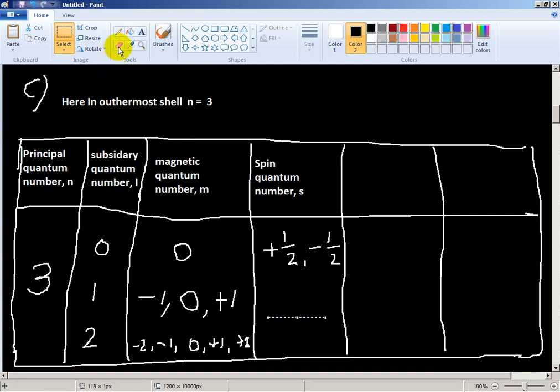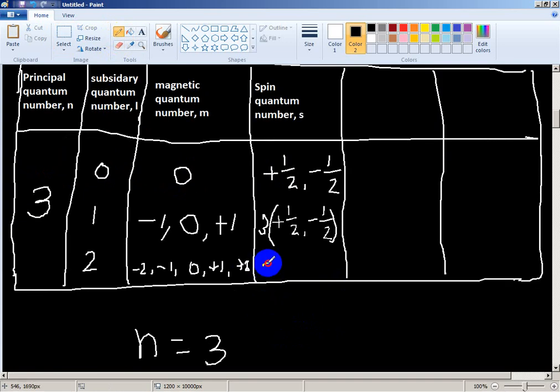So I write 2 electrons here. If I write 3 orbitals, it will be 6 electrons.